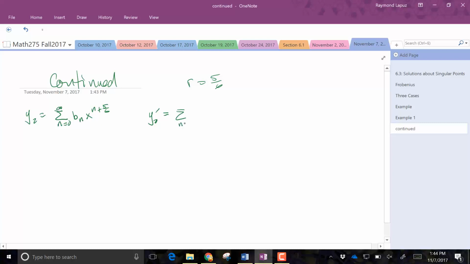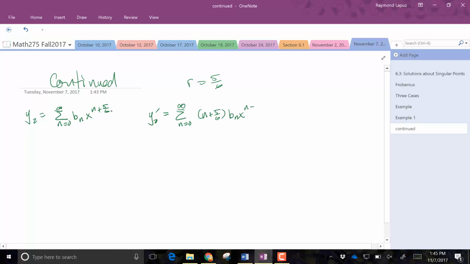So the derivatives are going to look a little funkier than before because of that extra r that comes up. And so we have, instead of just n c sub n x to the n minus 1, it's going to be n plus 5/6 b sub n x to the n.